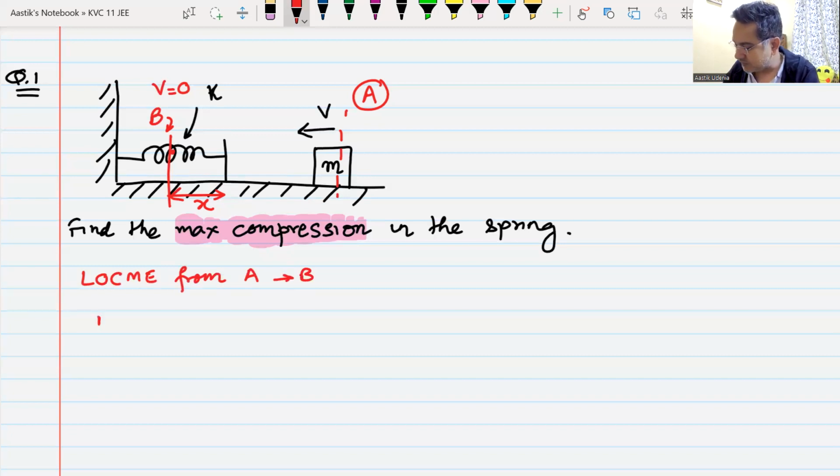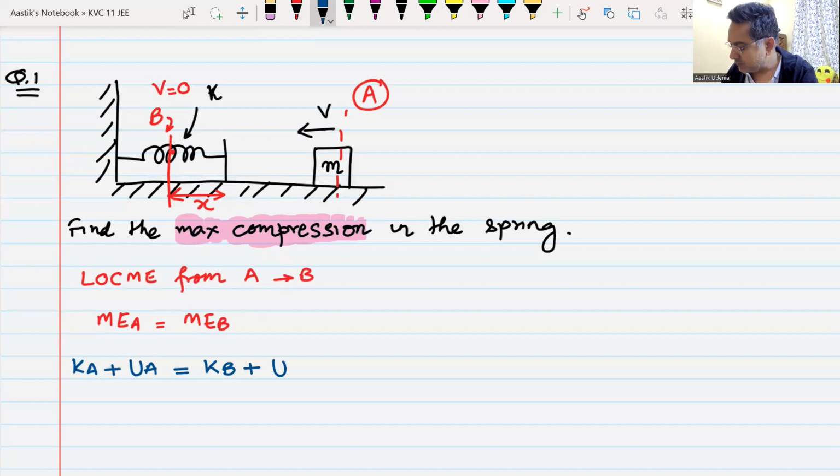What does LOCME state? Mechanical energy at point A is equal to mechanical energy at point B. Mechanical energy at point A consists of kinetic energy at point A plus potential energy at point A. Mechanical energy at point B consists of kinetic energy at point B plus potential energy at point B. What is the kinetic energy at point A?